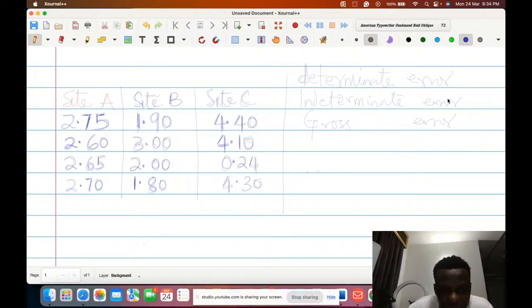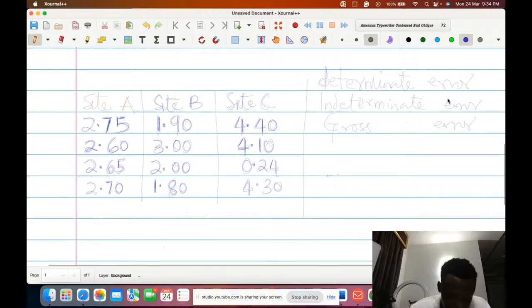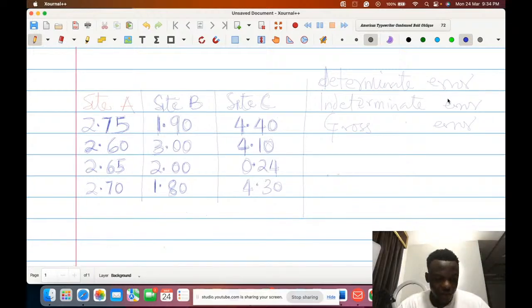In site A, you can see 2.75, 2.60, and the rest of them. If you look through the question closely, you're going to see that they gave us the true values.